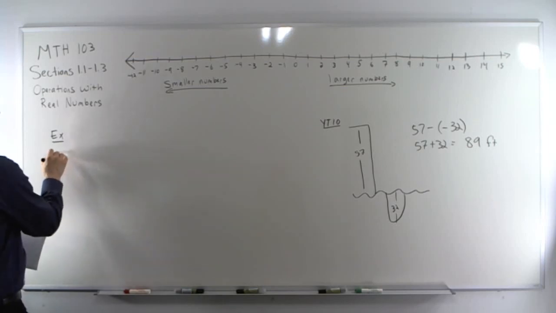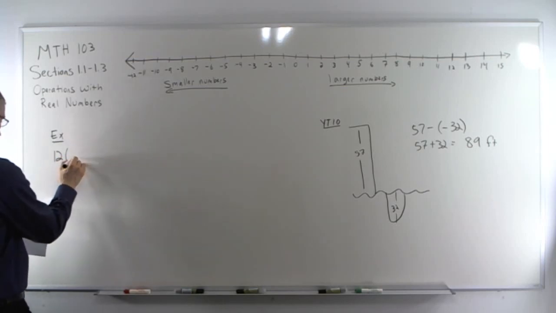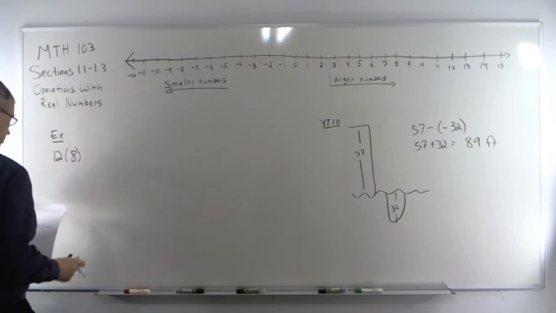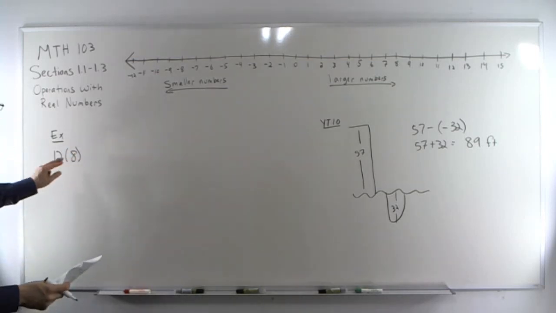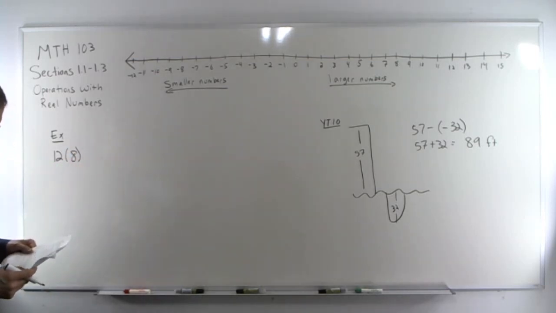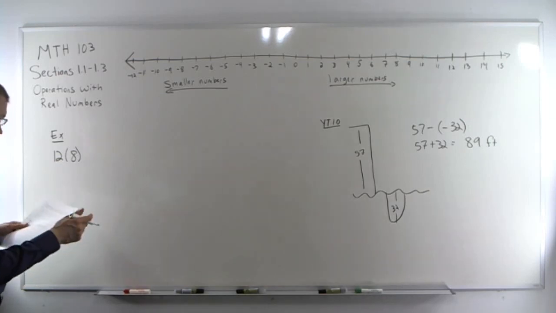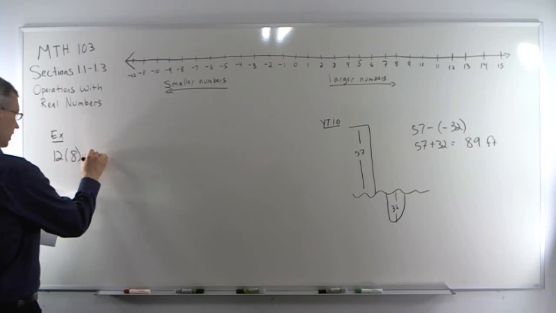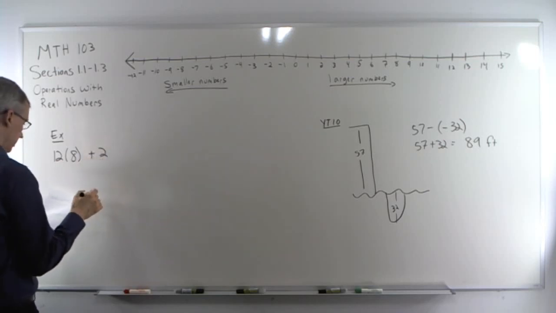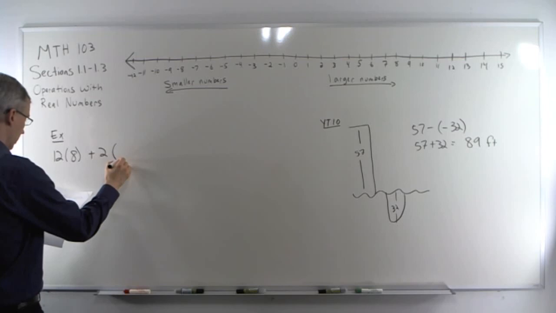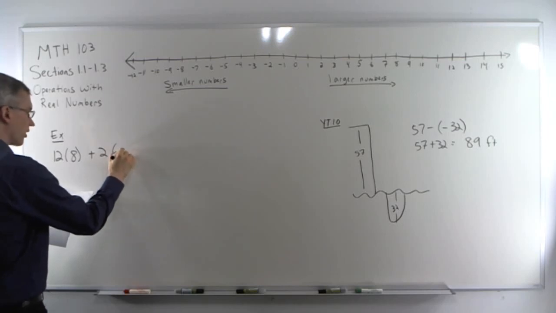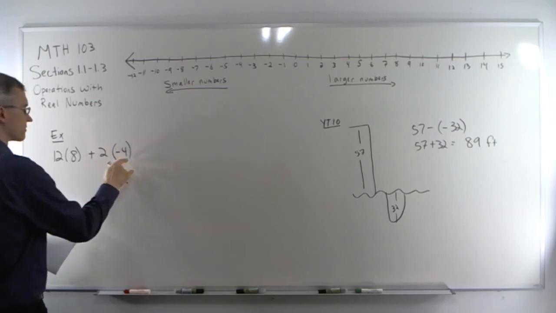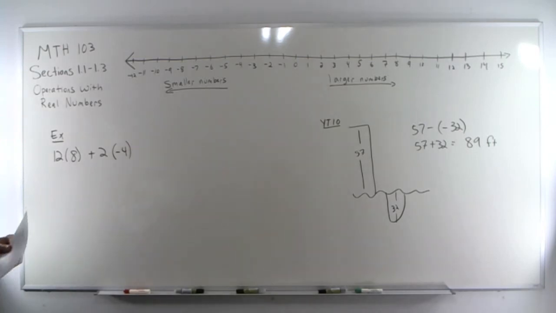All right, so the student scored 12 points correctly and get 8 points for each correct answer. So we're going to multiply those two things together. The student had 2 incorrect answers, and the professor is going to deduct 4 points for each of those, so we have to multiply 2 times -4 for that one.